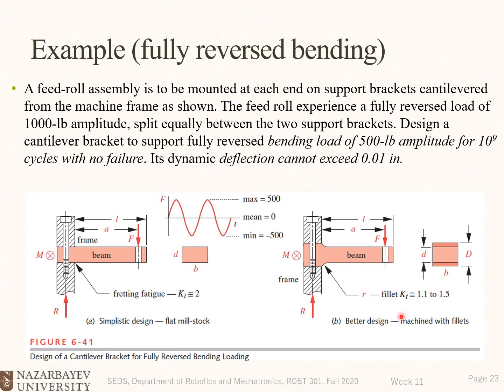And this is a better design. Plus, what is the surface quality for this one? This is a cheap, let's say, design, and we have a flat mill stock. This one, we have a machined part with the fillet, okay, so it has a better surface quality as well.